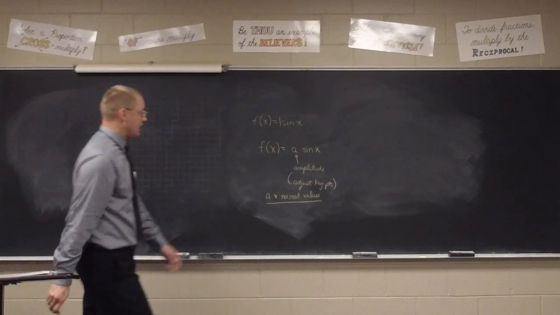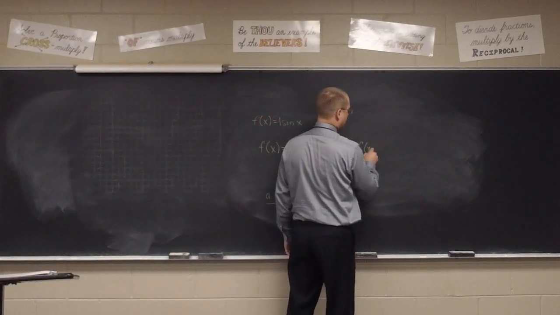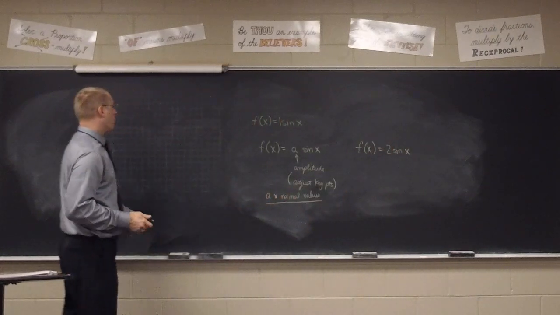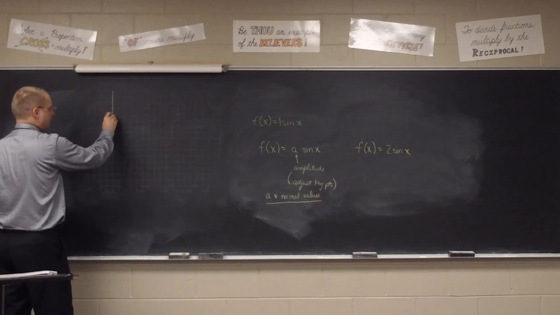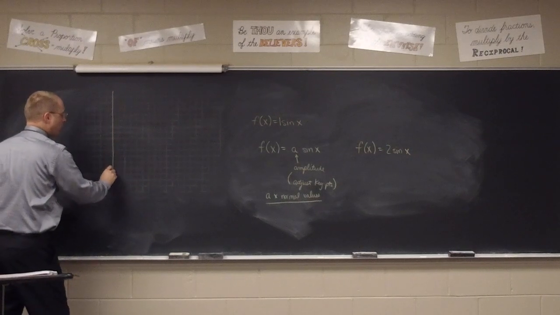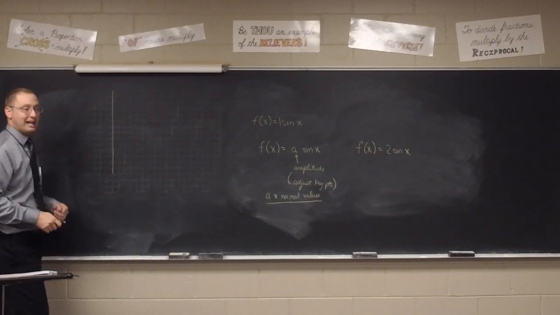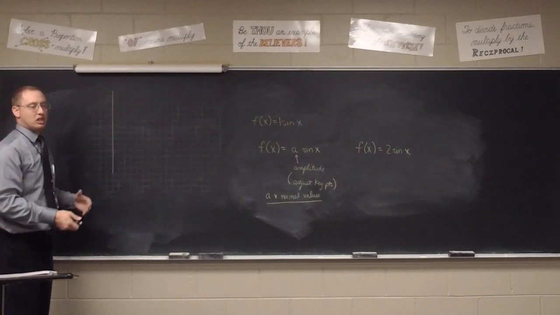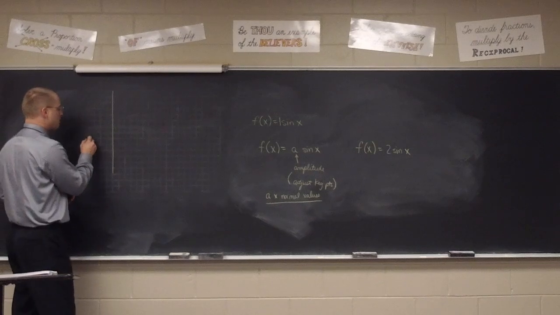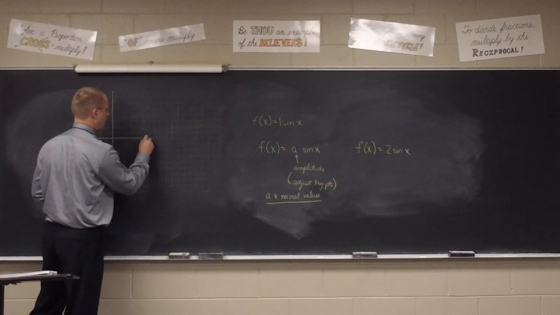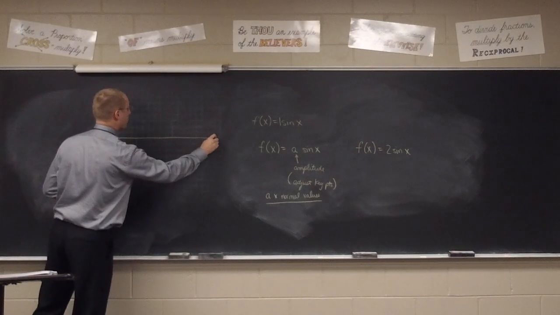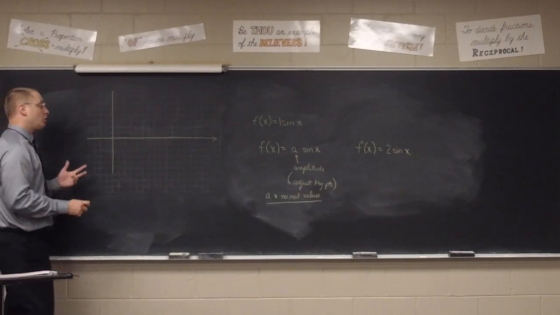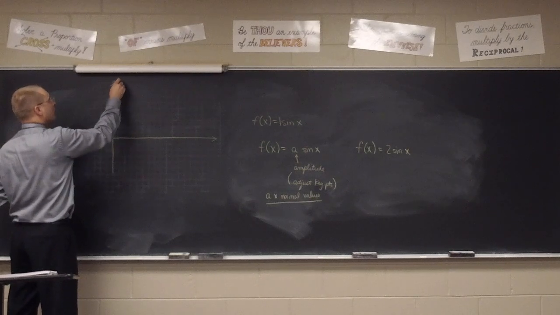So for instance, if I had f of x equals 2 times the sine of x, we're going to take all our sine values and multiply them all by 2, because it's 2 times the sine of x. Which means as you set up your new graph grid, instead of going up and down as far as 1 in both directions, it's going to go up and down as far as 2 in both directions.